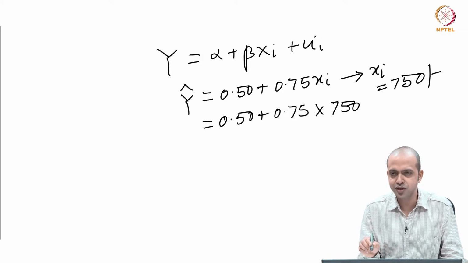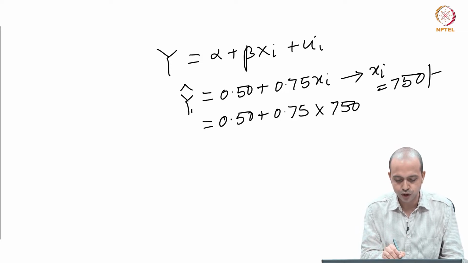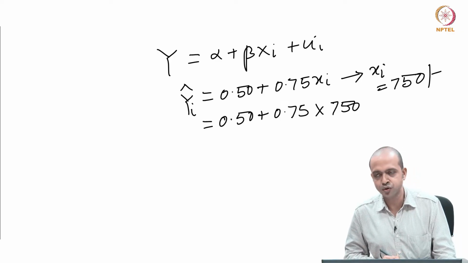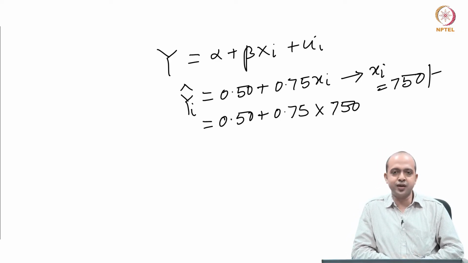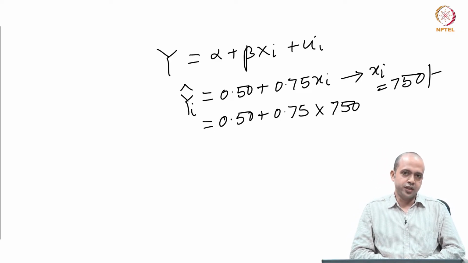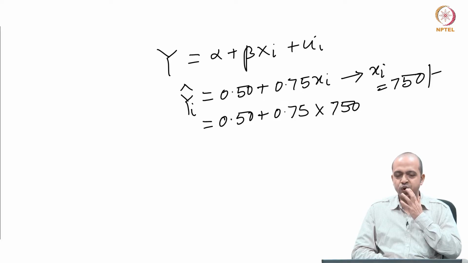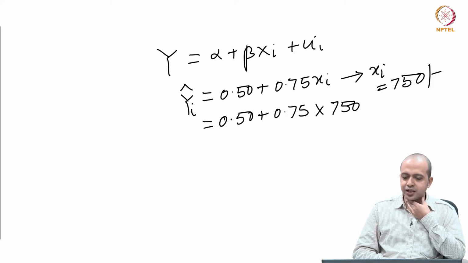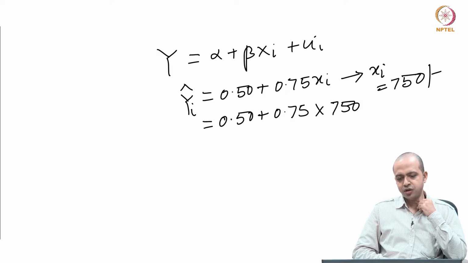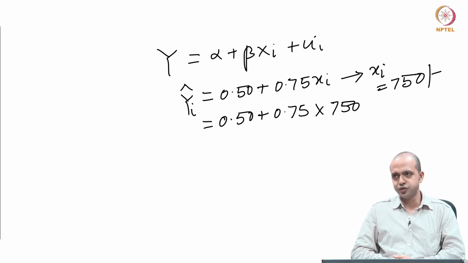So, when you have yi hat equals, let us say, 0.50 plus 0.75 xi, then for a particular value of xi, you will get yi hat, and that will be your predicted value. And that predicted income, that predicted consumption, you can use for several other purposes.